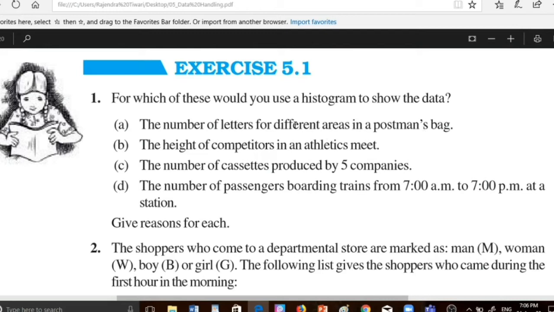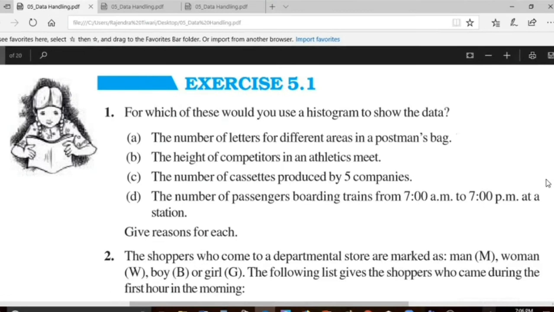You know there are 26 letters in the English alphabet, and all the letters are different from each other. So this does not belong to grouped data or histogram. We cannot make a histogram in this question.